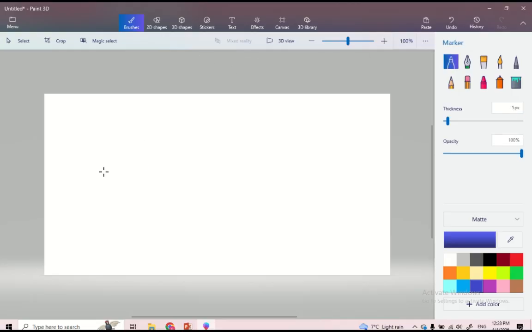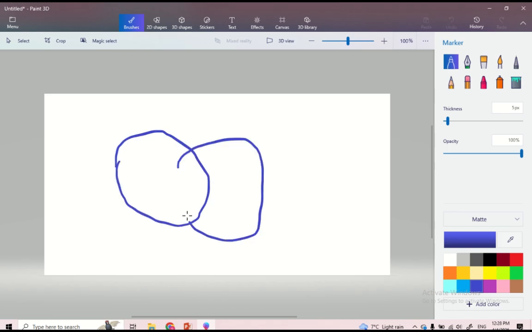So in order to draw a Venn diagram, I need to just draw 2 circles connected with each other. So I will name them the circle 30 and this one 42. Okay, and I will write the prime factors of each and every one of them.